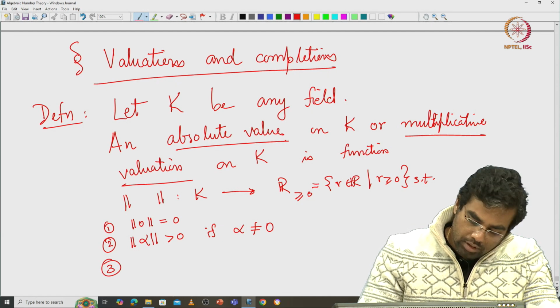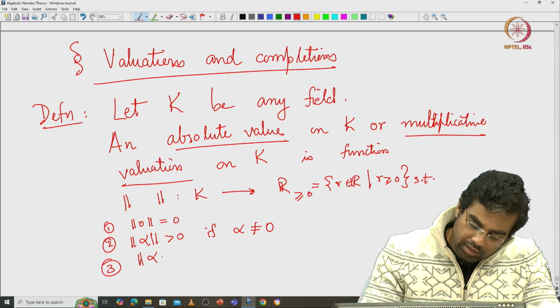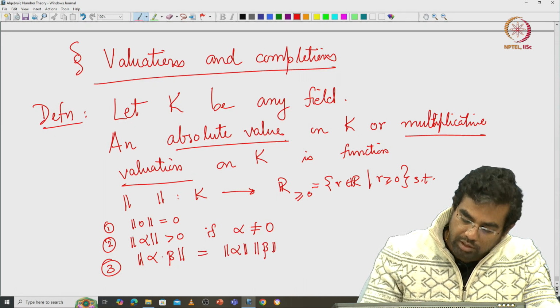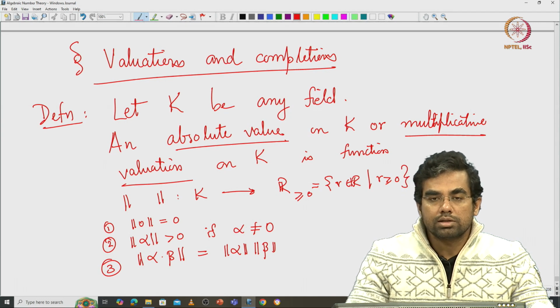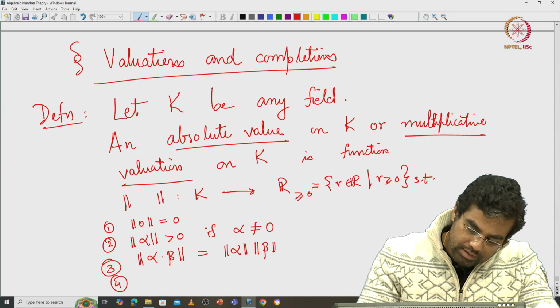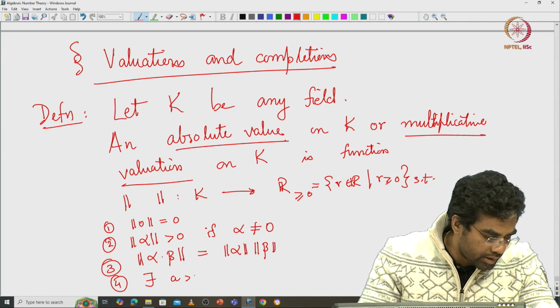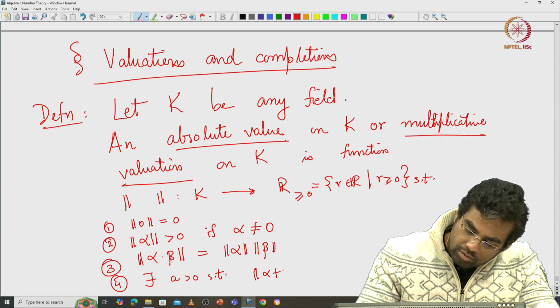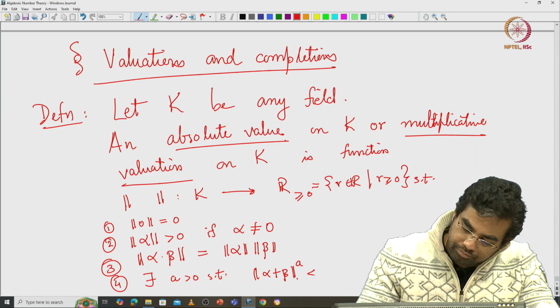And then the valuation is multiplicative. So, the valuation of alpha times beta is the valuation of alpha times the valuation of beta. This is the reason it is called a multiplicative valuation. And then the last is kind of an important property: there exists A bigger than 0 such that the valuation to the power A satisfies the triangle inequality.